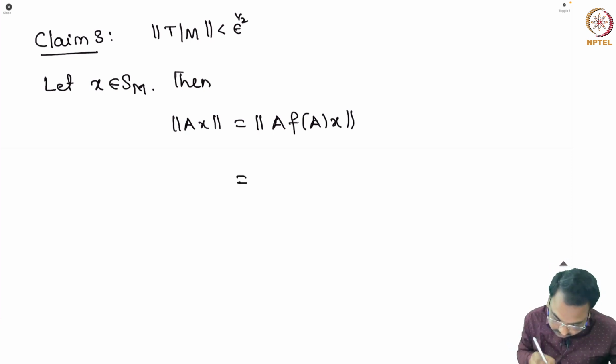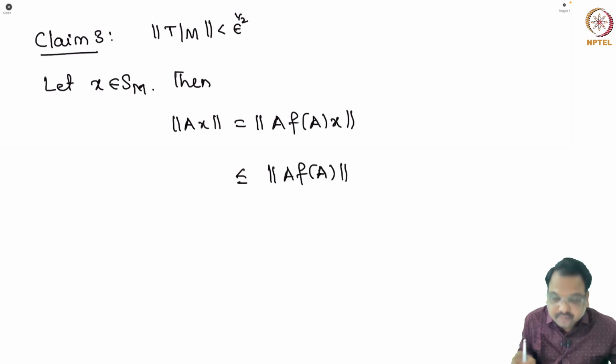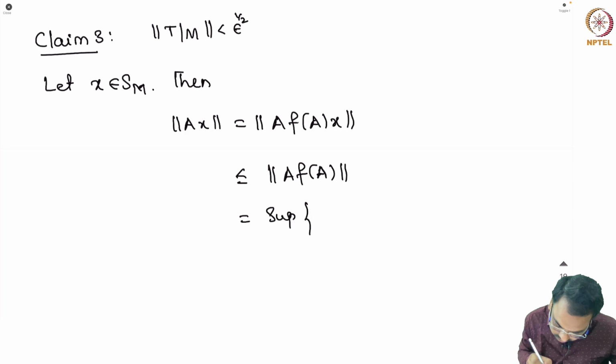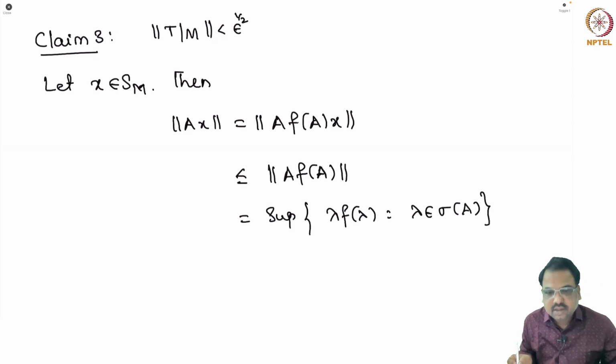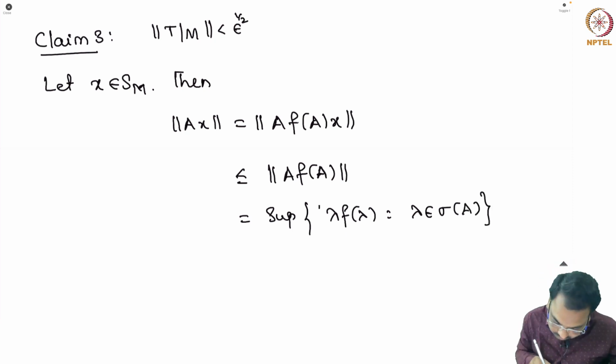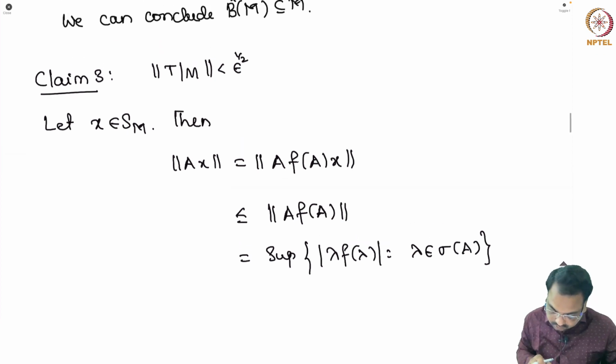So, this is less than or equal to norm of A into f of A. We know that A into f of A is a self-adjoint operator. So, we can say that this is supremum of lambda f lambda, where lambda is coming from the spectrum of A. In fact, A is a positive operator. Okay.